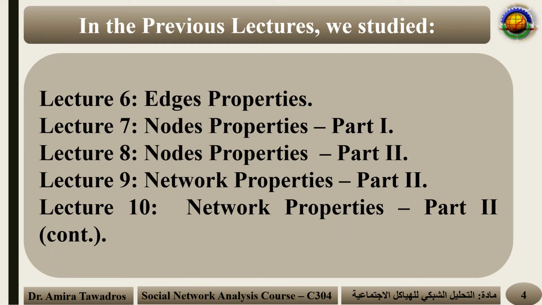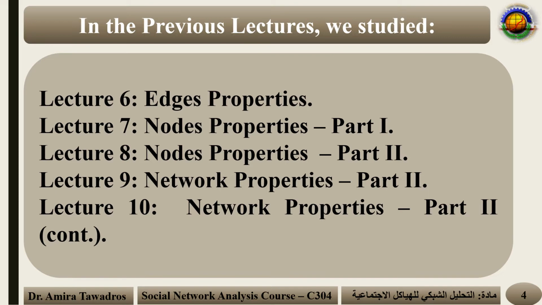So in order to capture centrality, we have many measures. It's not just one measure. And in lecture 7, we studied 3 different measures. We studied degree centrality, betweenness centrality, and eigenvector centrality. And degree centrality is for undirected networks, while for directed networks, we studied in degree and out degree centrality.